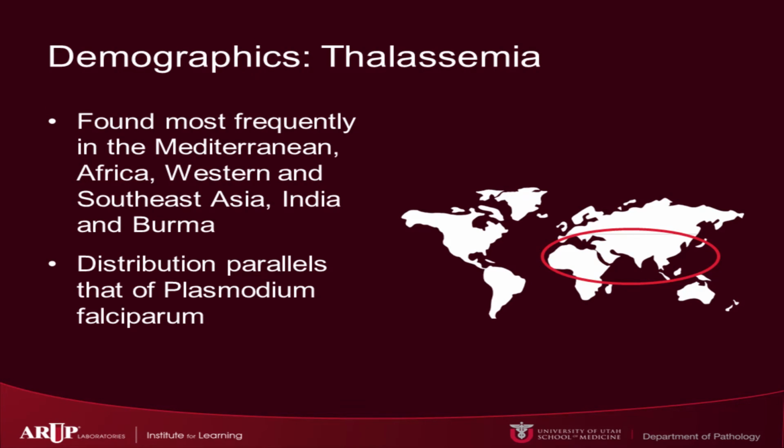Most of the time, thalassemias, sickle cell anemia, sickle cell trait, and G6PD (glucose-6-phosphate dehydrogenase) deficiency, which we'll talk about later in this talk, all have a distribution that parallels that of Plasmodium falciparum.